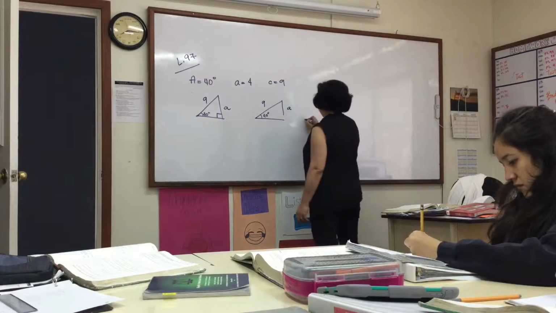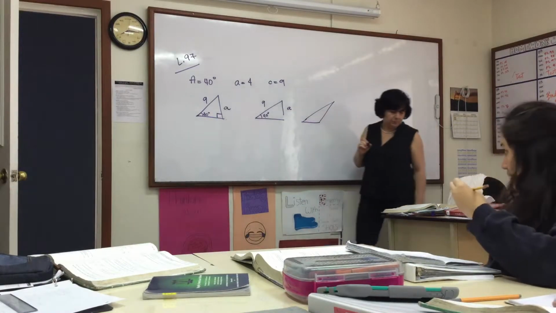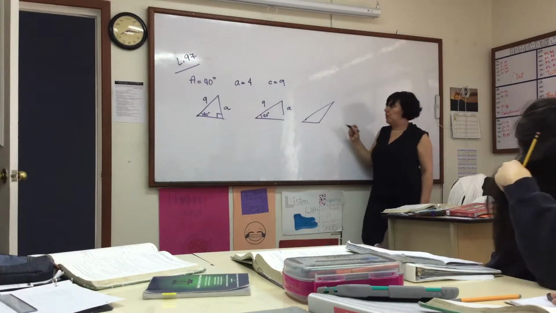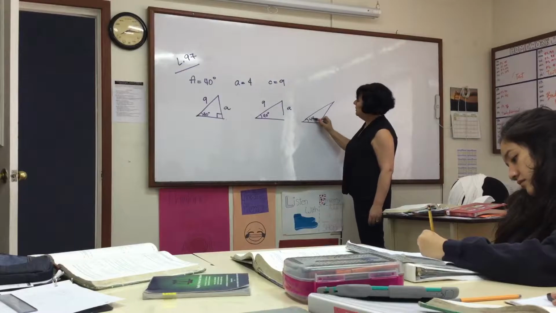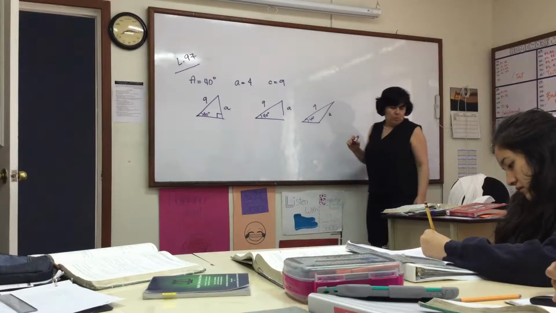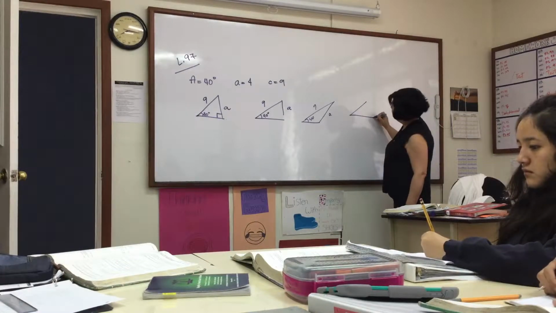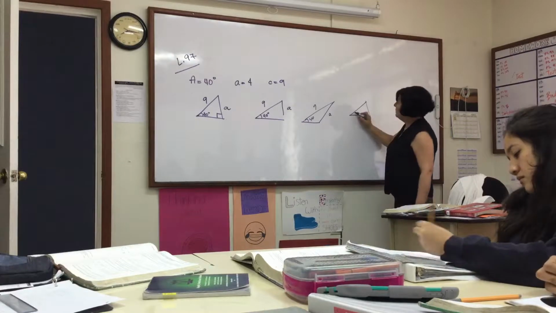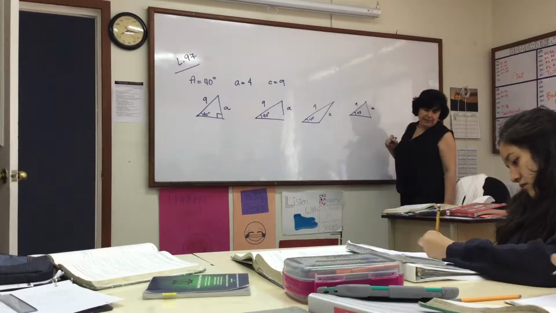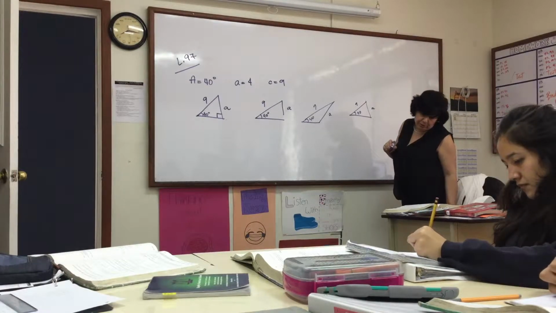Other option. What's this type of triangle? Obtuse. So this one's 40, this is still 9, and this is A. We've got acute. Did I draw this right? Acute triangle. 40, 9, A. And last but not least, which is another option for acute.